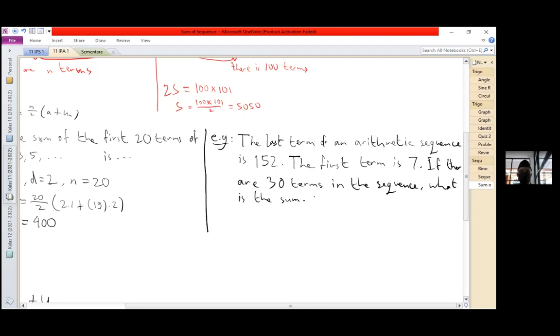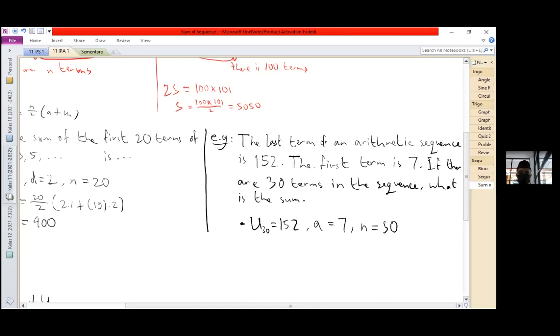Okay, the last term is 152, so we have Un. The first term is 7, so U1 or A is 7. If there are 30 terms, that means n equals 30, and this becomes U30.